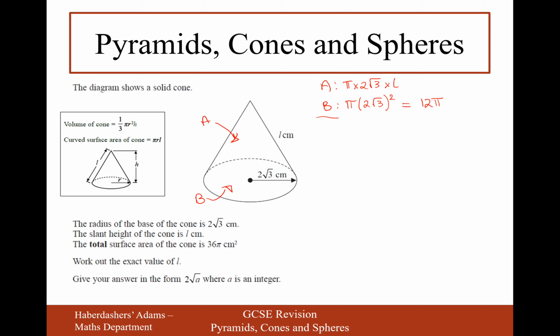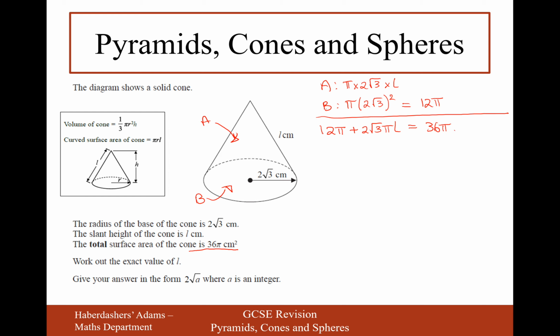So when we add these two together, we get 12 pi plus 2√3 pi L, and that's going to equal the total surface area, which is 36 pi.